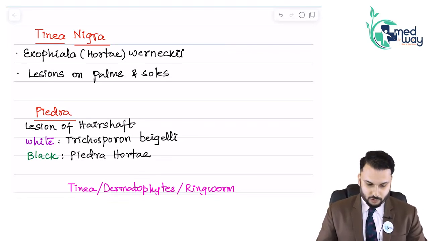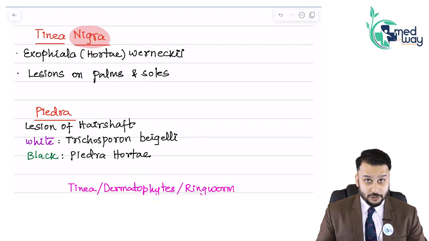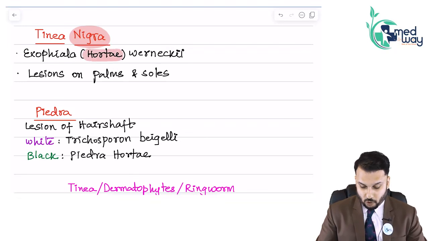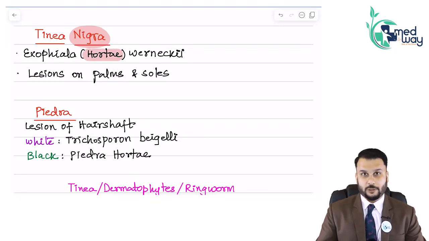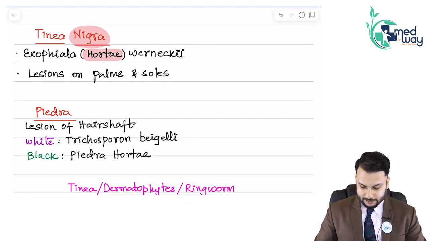See, number one, you all might understand the word nigra means black. And you must remember, whenever we wear black, we end up looking hot. Okay, so hortae, just like we say hottie, right? Same thing, if you see here black, once again you're able to see the word hortae here also.